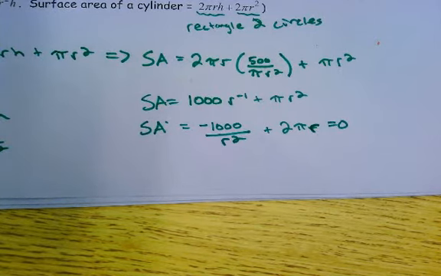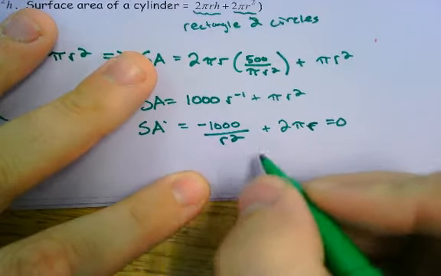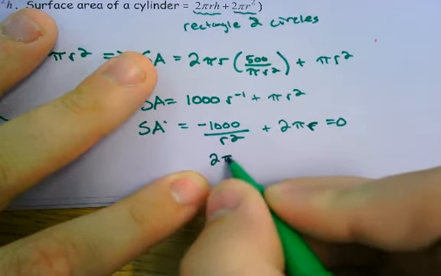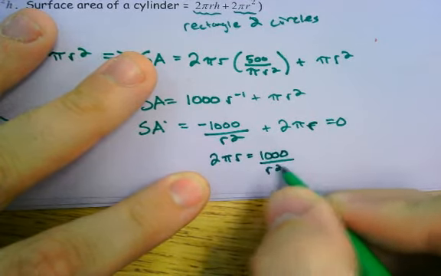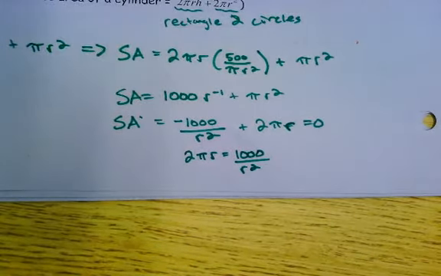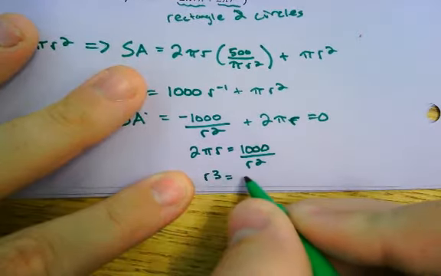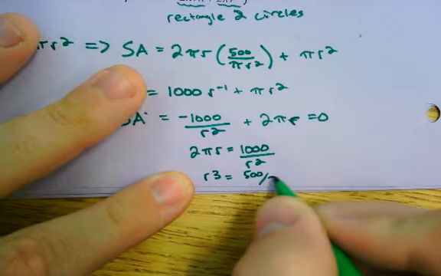Very good. Alright, so we set these equal to each other. So you get 2 pi r equals 1,000 over r squared. When I get r by itself, I should get r cubed equals 500 over pi.